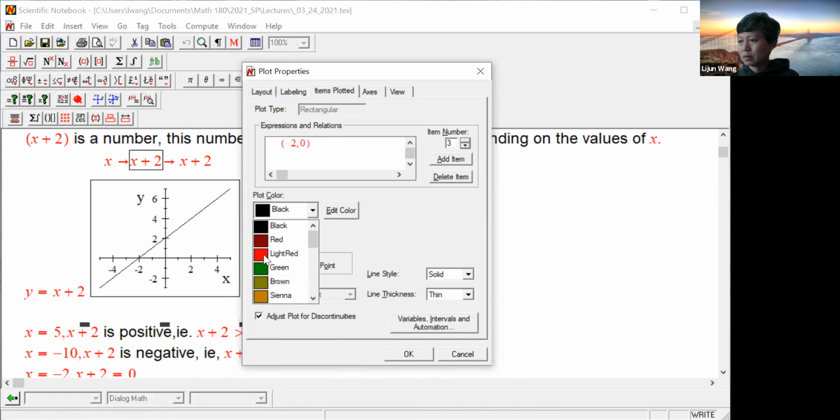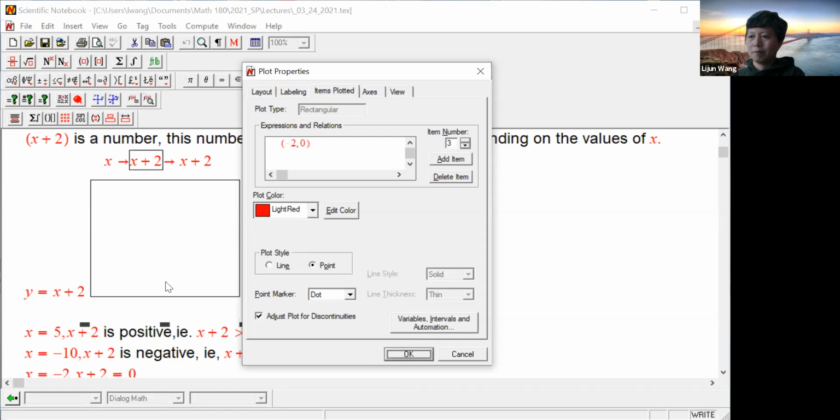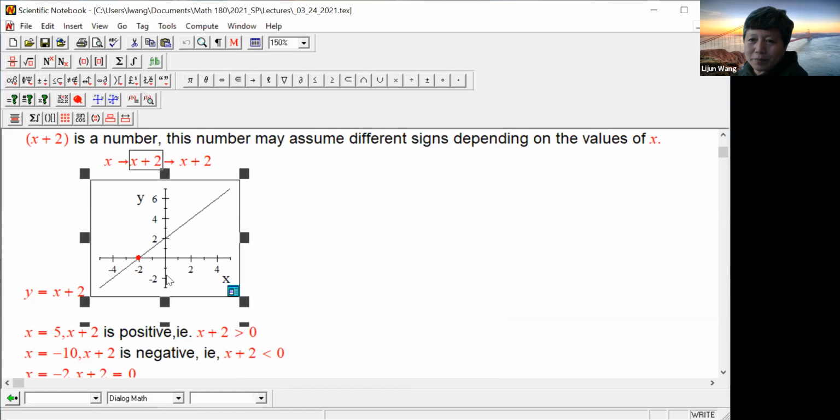This point. You see, I promise you the major theme of this class is function. For function, it's all about input and output, right? For input -2, the output is 0.